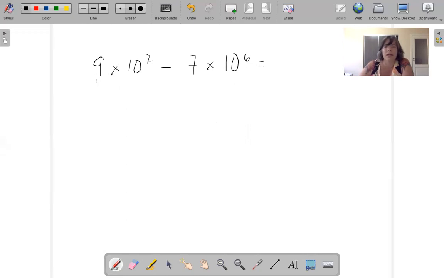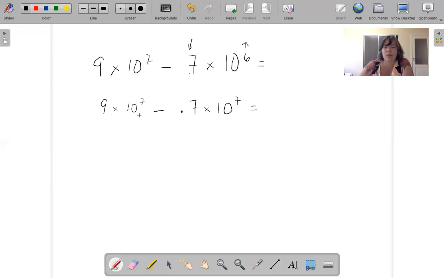Let's make this one bigger. So as this number goes down, this number goes up. Decimal's here, so it has to come over and be here. So 9 times 10 to the 7th minus 0.7 times 10 to the 7th.